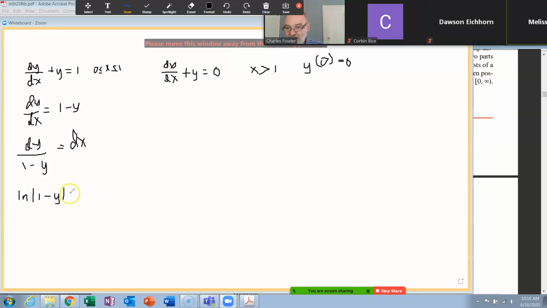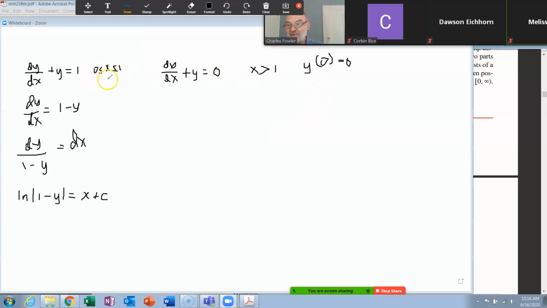Okay. So there is the integral of the left-hand side, and the integral of the right-hand side is just x. And we can put our plus c in there if we want to. And I think that is legitimate because y equals 0 is included in this. x equals 0 is on this side.